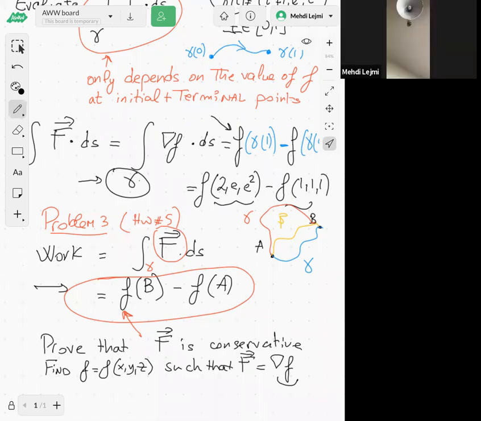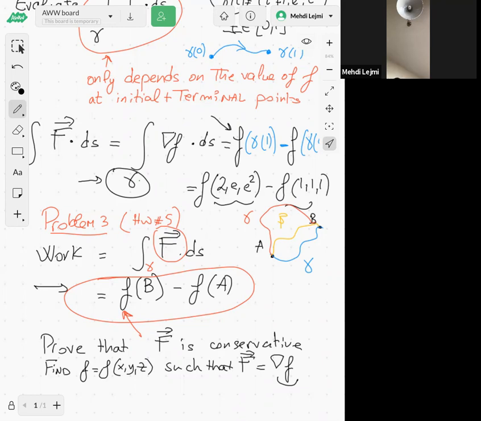Any other questions, guys? I hope you understand how to do this. In problem number one, you have to determine whether F is conservative. To determine whether F is conservative, all you have to do is compute the curl of F. Well, it depends.